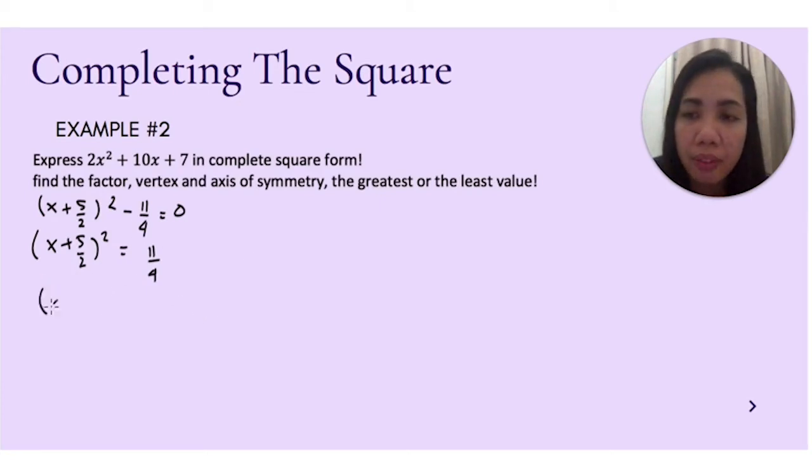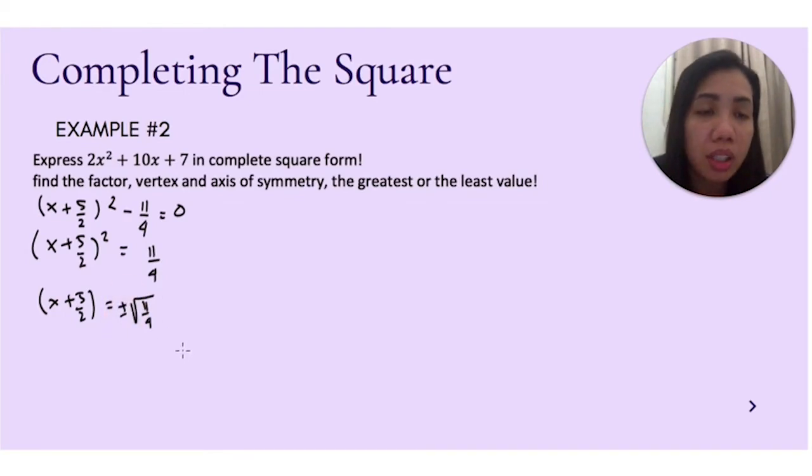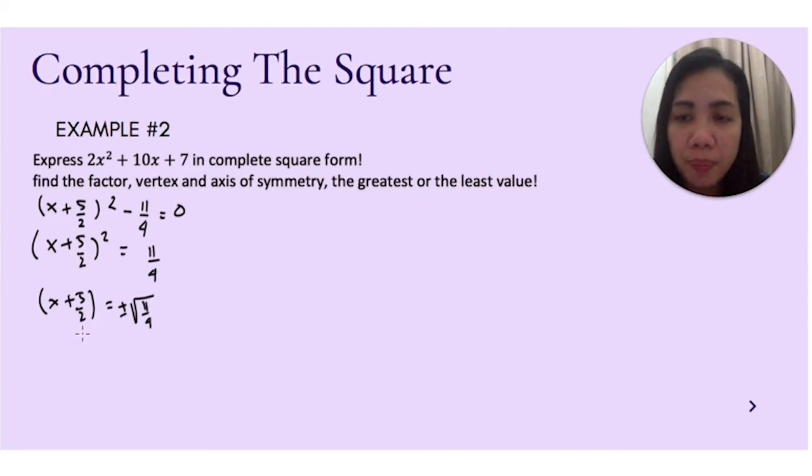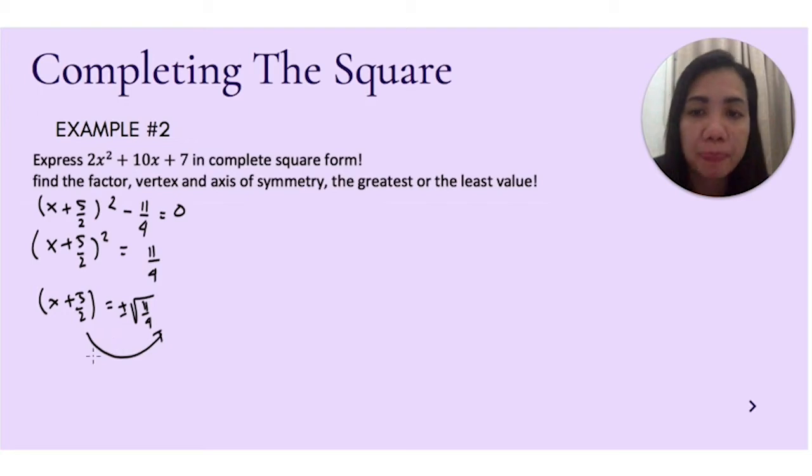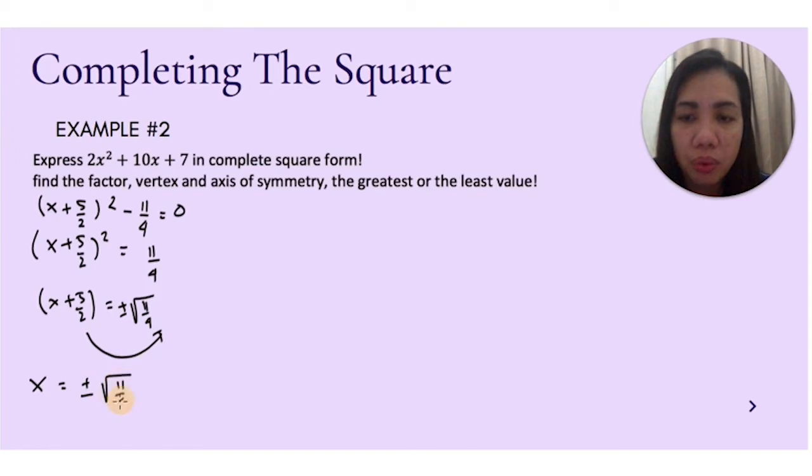So here we have x plus 5 on 2 equals the square root of 11 on 4. And remember, if we take the square root, the result is positive or negative. Okay. The next thing, we just need to move this 5 on 2 to the other side, because what we want is x equals what. x equals positive or negative the square root of 11 on 4, minus 5 on 2.